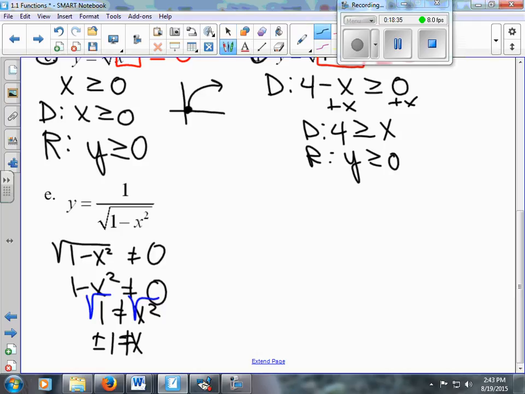Okay, now let's do the other rule. The other rule says if you have a square root, then this has to be greater than or equal to 0. All right, later on in calculus, we're going to be very concerned when things are positive or negative. And the way that you do this is with a sign chart. I know that you've done sign charts before, so this is going to remind us of how to do sign charts.